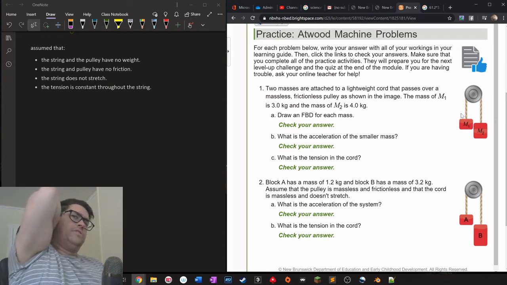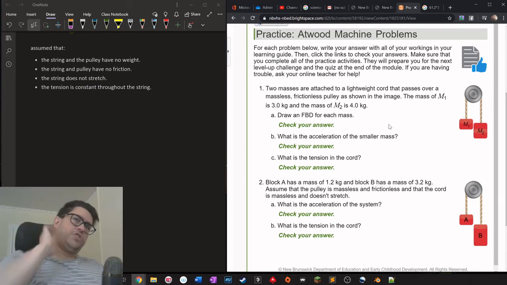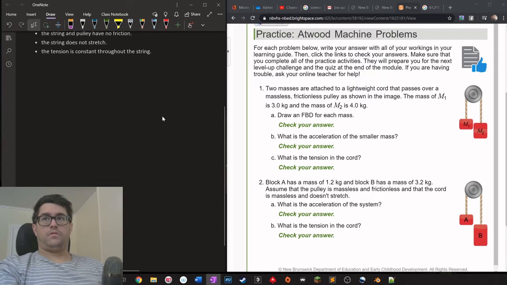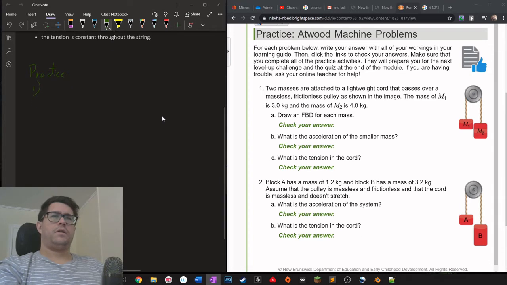The mass of M1 is 3, M2 is 4. Draw an FBD, practice, an FBD for each mass. We have M1, M2.